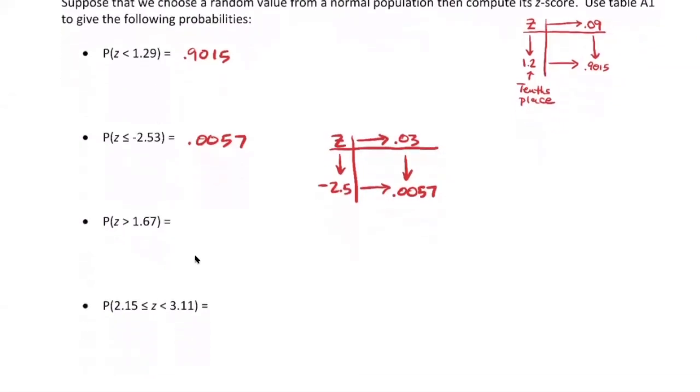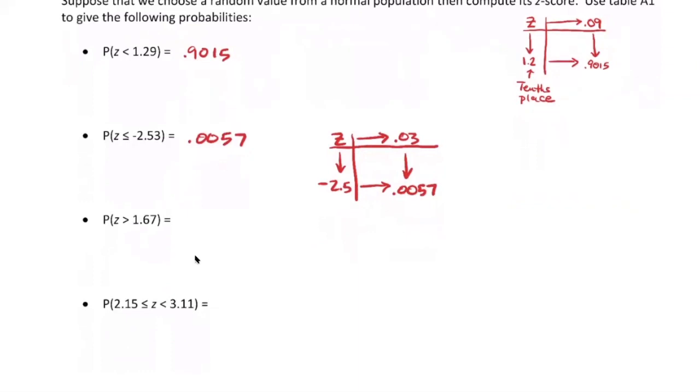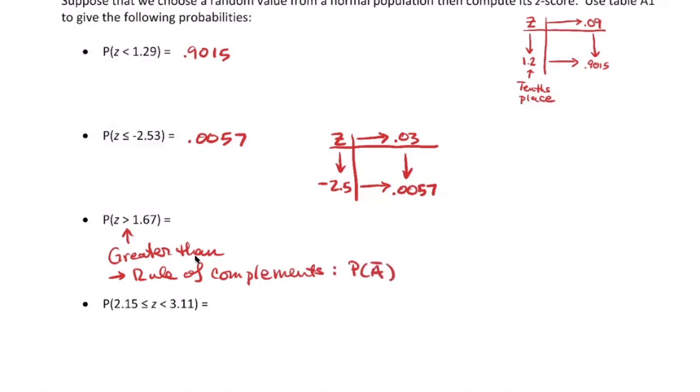Okay, next one. This one's a greater than. The table only does less than. So for greater than, we have to use the rule of complements. The rule of complements says the probability of the opposite event is 1 minus the probability of the event.